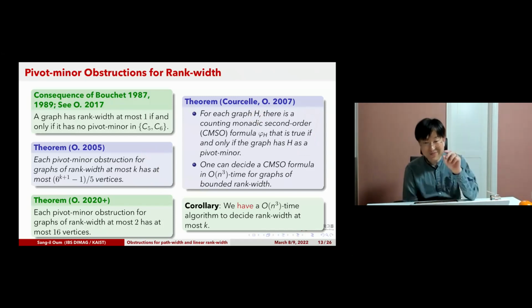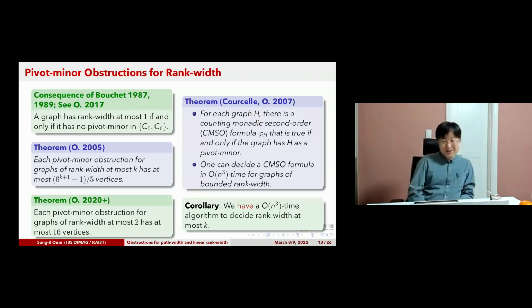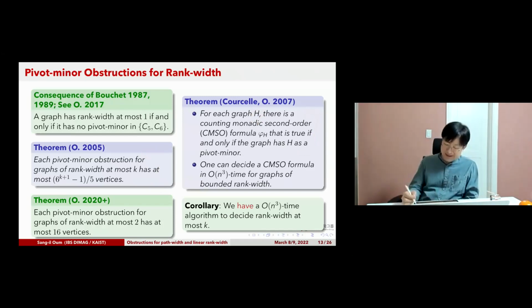So for each fixed k, there's a counting monadic second-order logic formula. Once we have a logic formula, then there's also an algorithm. For any monadic second-order logic formula, in cubic time, we can decide whether or not the input graph satisfies this logic formula, or that the graph has rank width at most k.